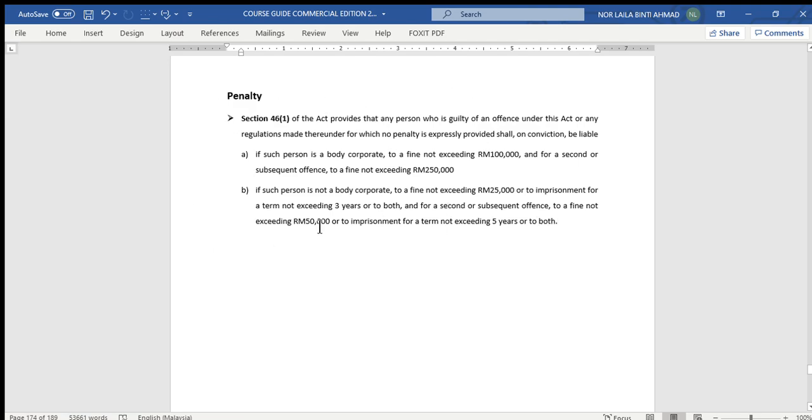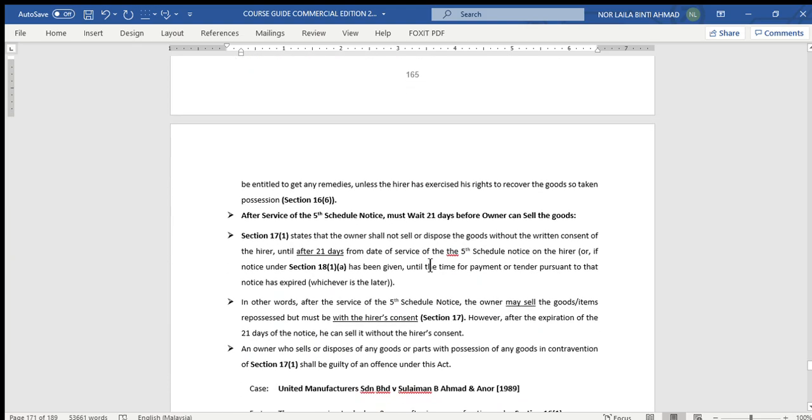So these are the example of penalties given if there is a breaching of the hire purchase agreements, hire purchase act. Okay, the requirements given under the agreements.